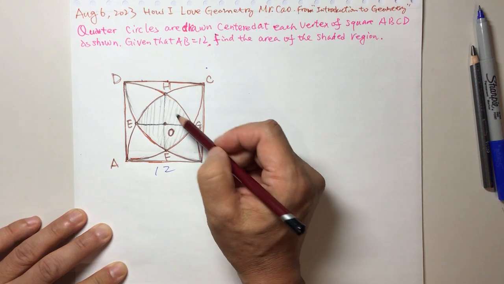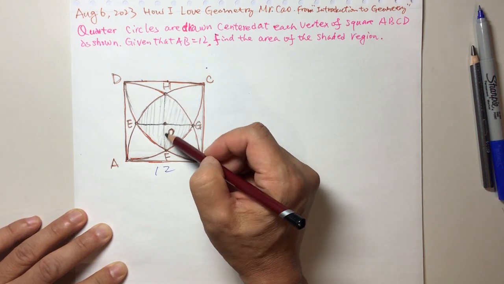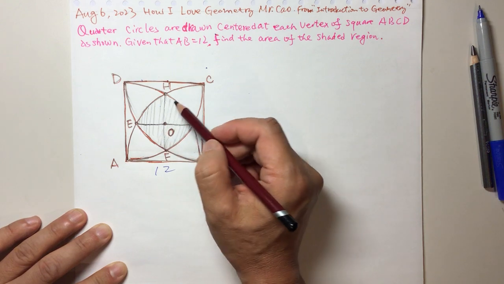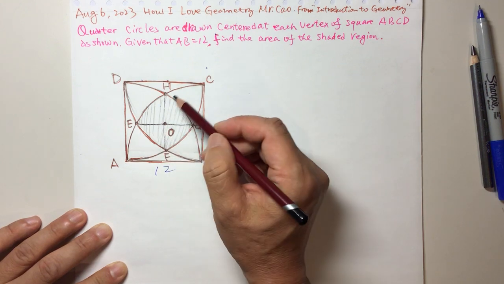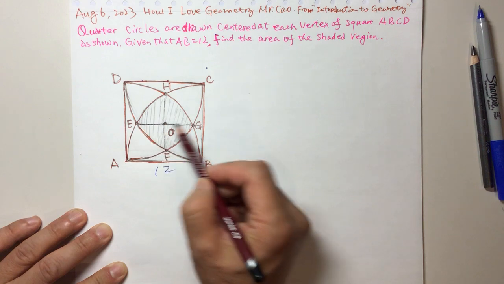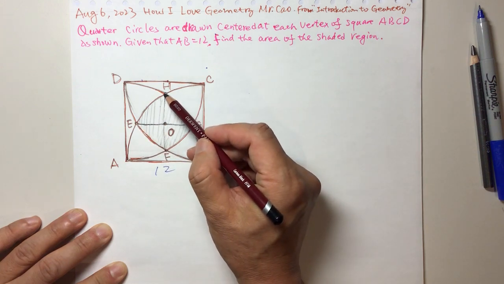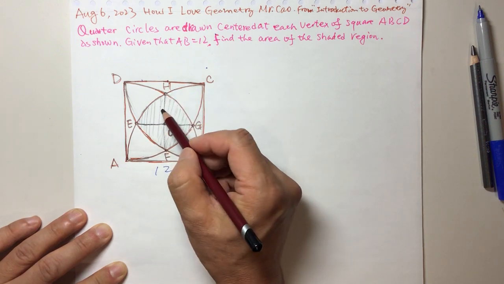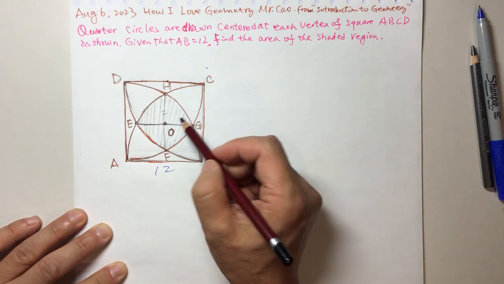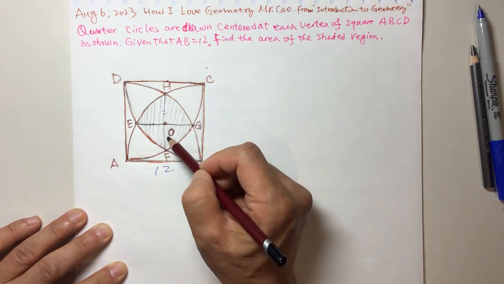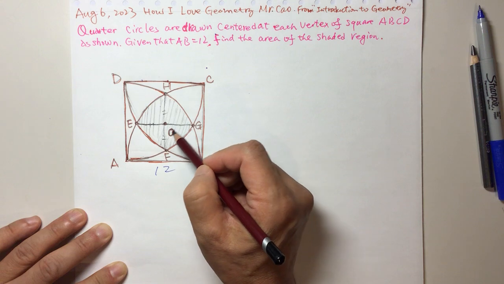If we find the area of one of them, we times 4, we will get all of the area. And EG obviously equals HF, and EO, OF and OG are equal.